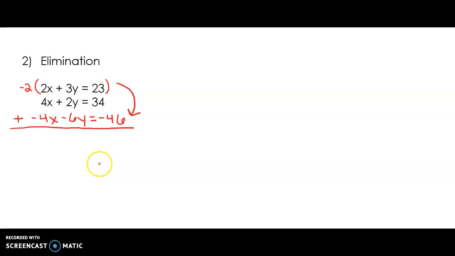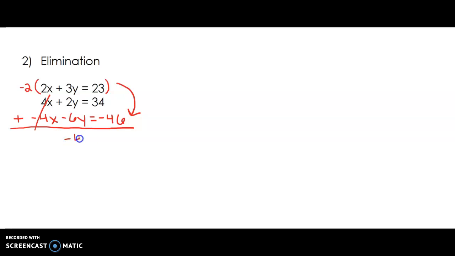The reason I multiplied by a negative 2 was because when we combine these equations through addition, these x variables are going to cancel out, because a positive 4x plus a negative 4x is 0. And so our x variable goes away.